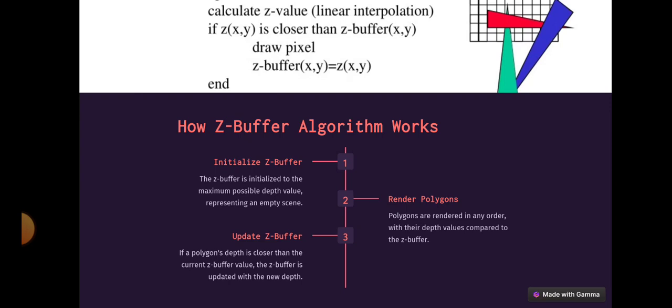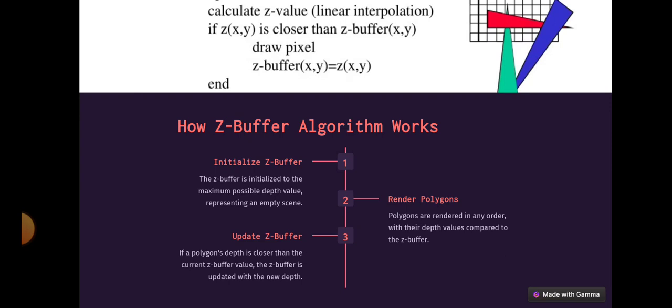The next step is to update the Z buffer: if the polygon depth is closer than the current Z buffer value, the Z buffer is updated with the new depth. This is how the Z buffer works, with the X and Y defining the pixels needed for the Z buffer.